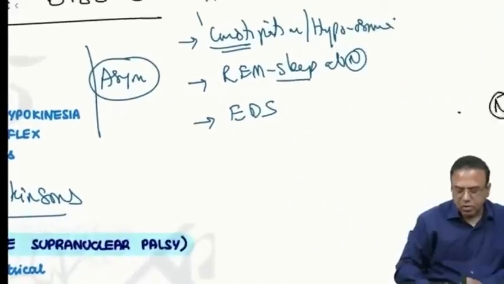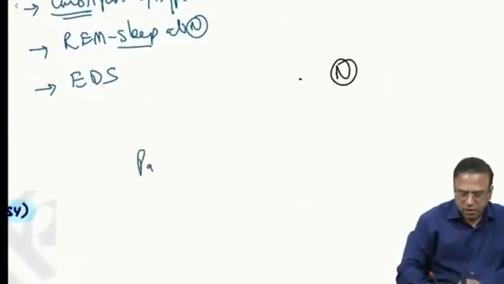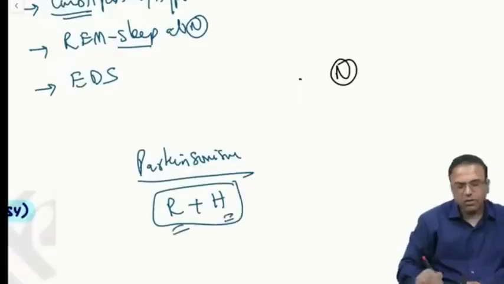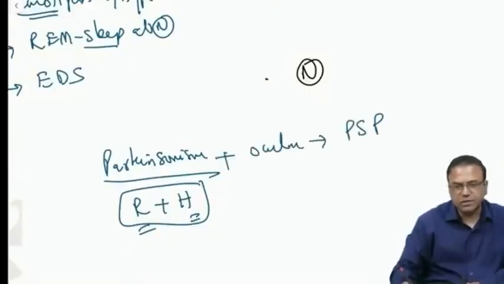Generally in our exam, your main point is to differentiate Parkinson's from atypical Parkinson's. The word Parkinsonism is nothing but rigidity and hypokinesia together. So you got rigidity, you got hypokinesia together, that is known as Parkinsonism. If you get Parkinsonism and you see ocular problems, that is progressive supranuclear palsy.